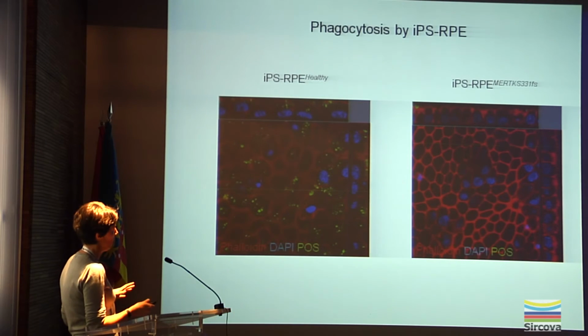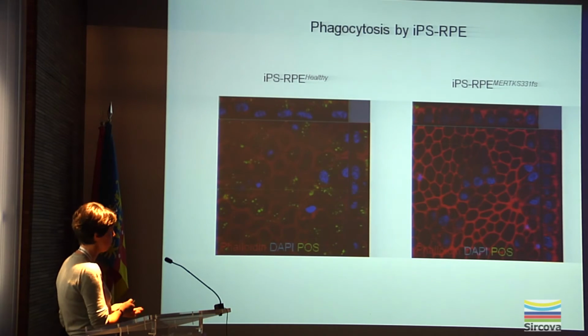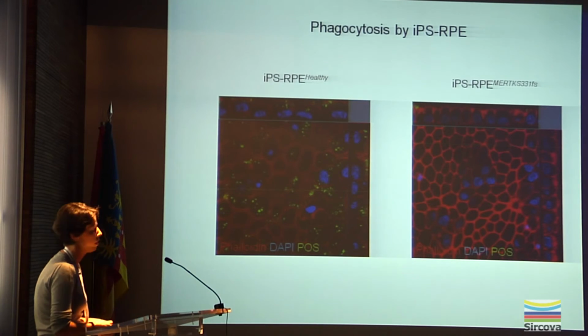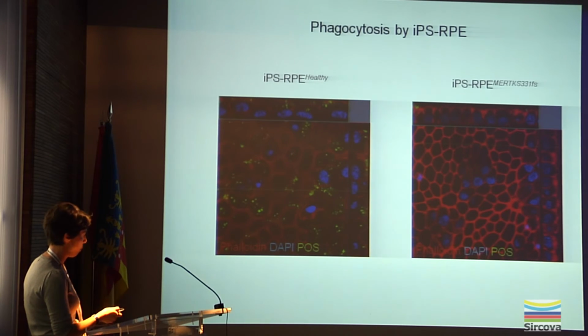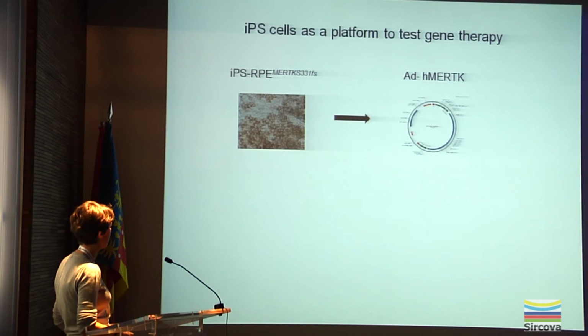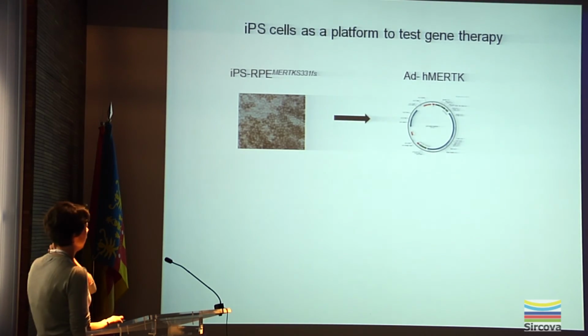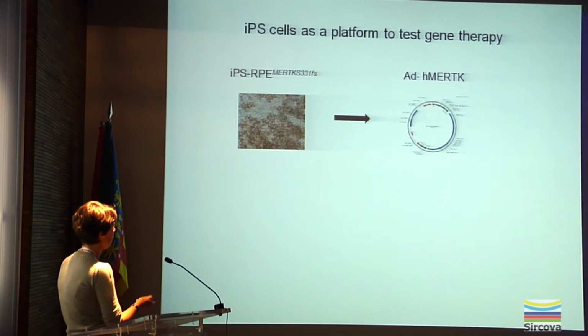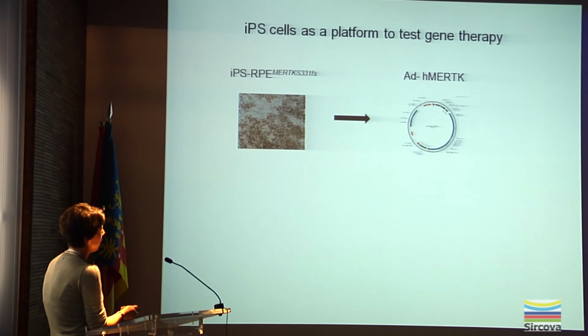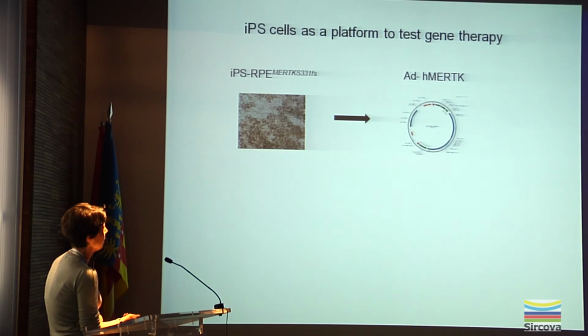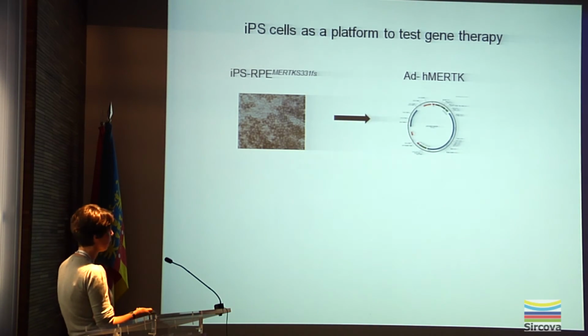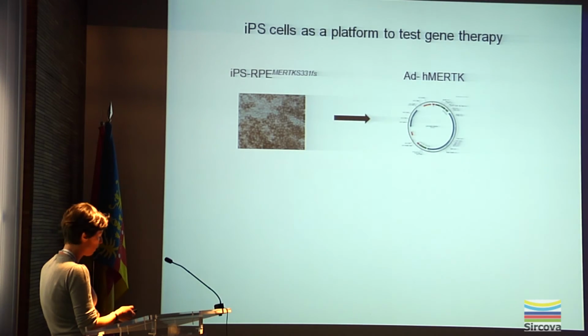So knowing that we are able to get patient-specific cells, now we can do all kinds of studies with this model. Next, what we did is we added to the patient's RPE monolayers a wild type copy of the MERTK gene through an adenovirus vector.